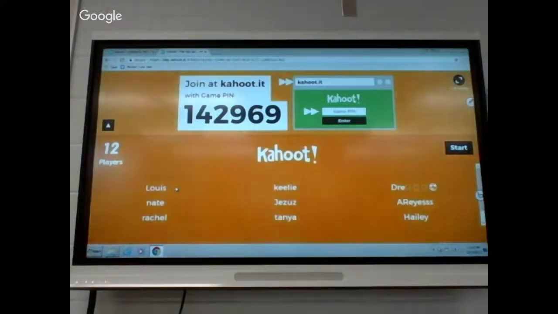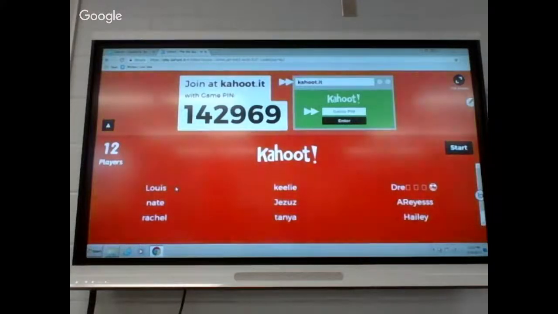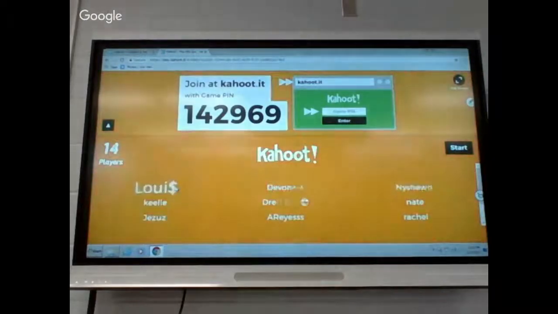I can even deal with the symbols and the squares better than I can the other stuff. I'm gonna take it away. It's not customized. You can go back.